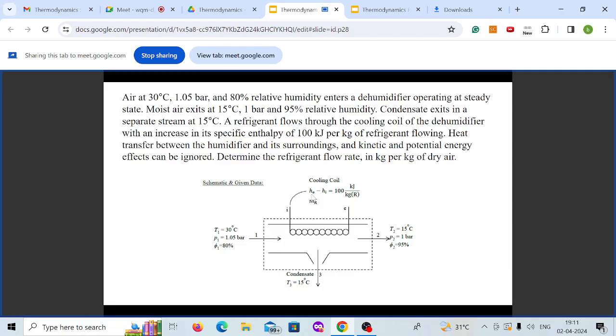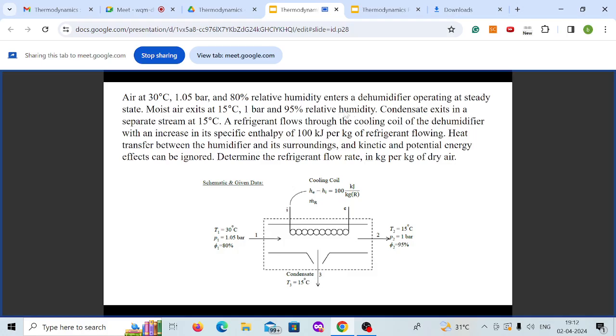So moving on, the next question: air at 30 degrees Celsius, 1.05 bar and 80% relative humidity enters a dehumidifier operating at steady state. Moist air exits at 15 degrees Celsius, 1 bar and 95% relative humidity, and condensate exits in a separate stream at 15 degrees Celsius.